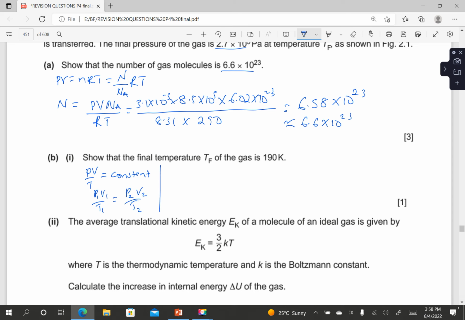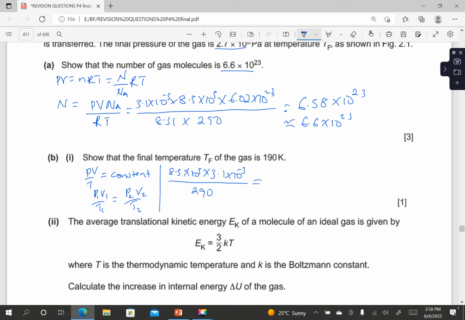So I'm substituting. Pressure 1 is 8.5 times 10 power 5, volume 1 is 3.1 times 10 power negative 3, divided by T1, which is 290.